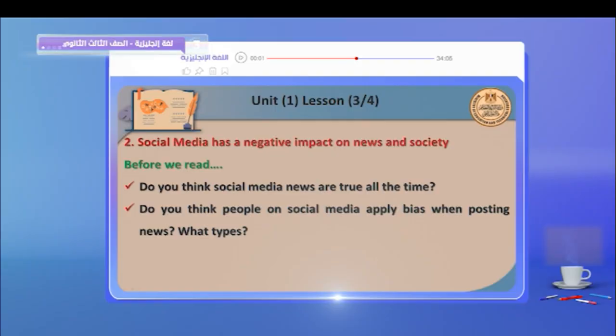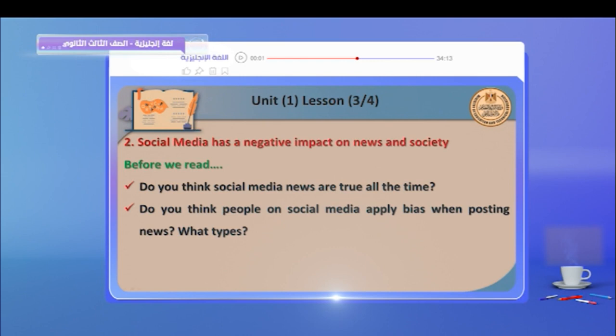Okay, so of course, I want you to tell me your opinion about social media. What do you think? Does social media have a negative impact? The word impact is like effect. Do you think social media news is true all the time?